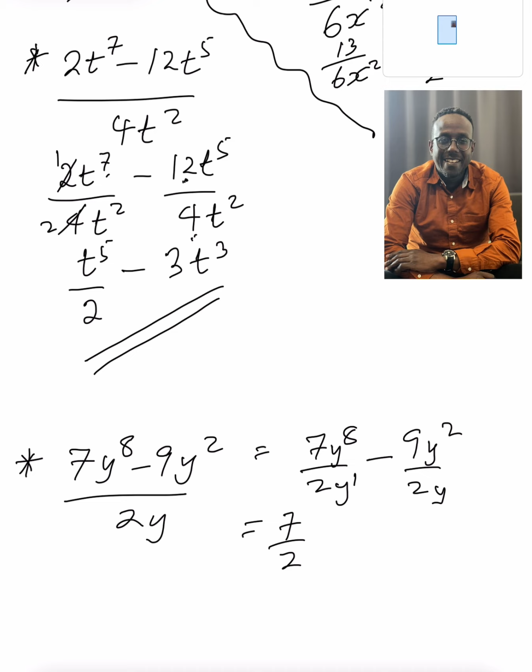So 8 minus 1 will be 7. y to the power of 7 will be the answer. Minus, this will remain as 9 over 2 as a fraction. There's always an invisible 1 there. Please don't forget that. 2 minus 1 gives us y to the power of 1. And this is how you leave it.